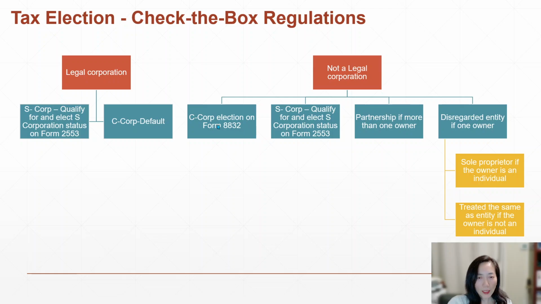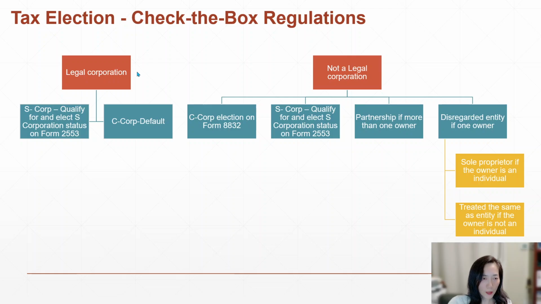The next thing I want to highlight here is the tax election, the check the box regulations. So in a lot of cases, from a tax perspective, the business entity or the owner of the business entity has a choice to make an election just for tax purposes. So to sum it up, really there's two types to start out.